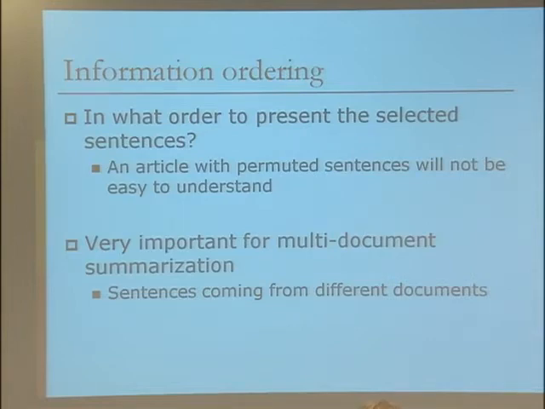So information ordering, pretty much the short answer. A lot of people have started from summarization and are now saying, well, it's a really hard problem, so we'll just solve it as a separate problem. How do we order information? And then when we're done, we'll come back to summarization. There is one model that is not general.